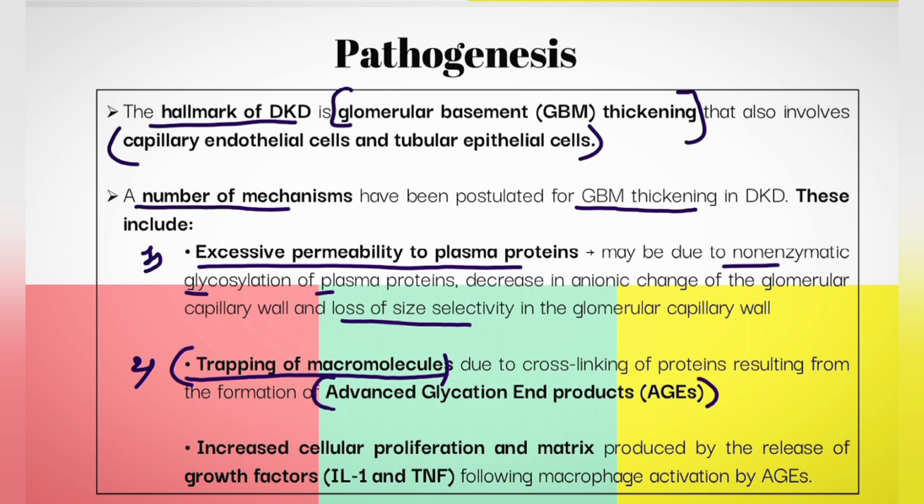The third mechanism behind this thickening of the glomerular basement membrane is increased cellular proliferation and matrix, and this is because of the release of growth factors like interleukin 1 and TNF, tumor necrosis factor, and this is followed by the activation of the macrophage by the advanced glycation end products.